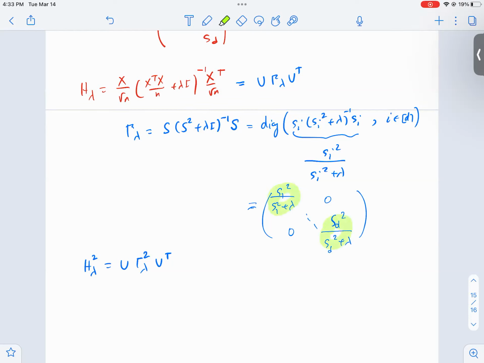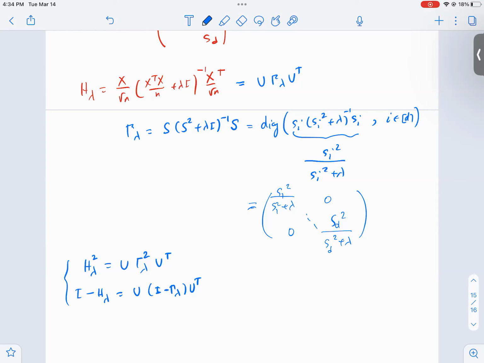The square of a diagonal matrix is very simple. And also I minus H lambda is U times I minus gamma lambda times U transpose. And I minus gamma lambda is also simple because I just subtract each of the diagonal entries from 1. So these are the things that you're going to show in your problem.